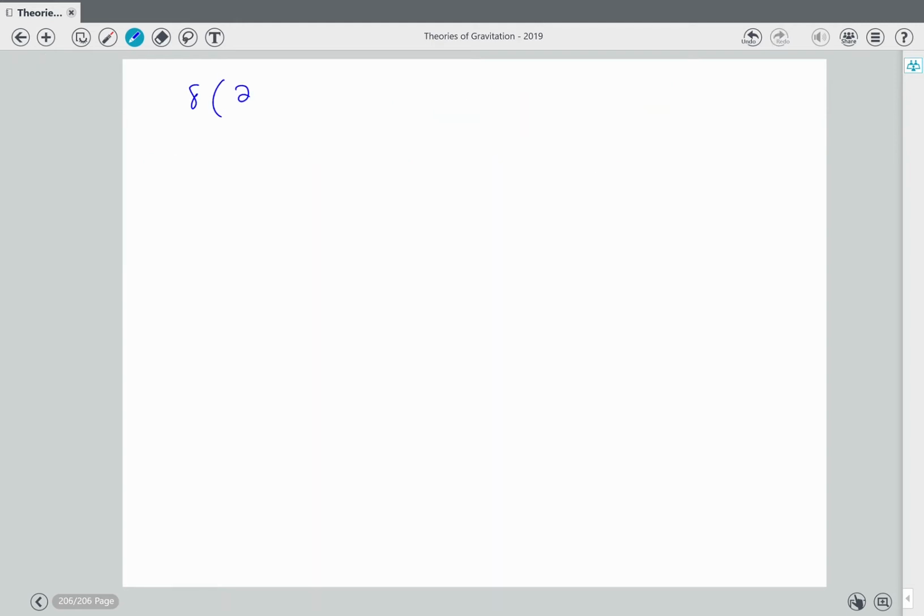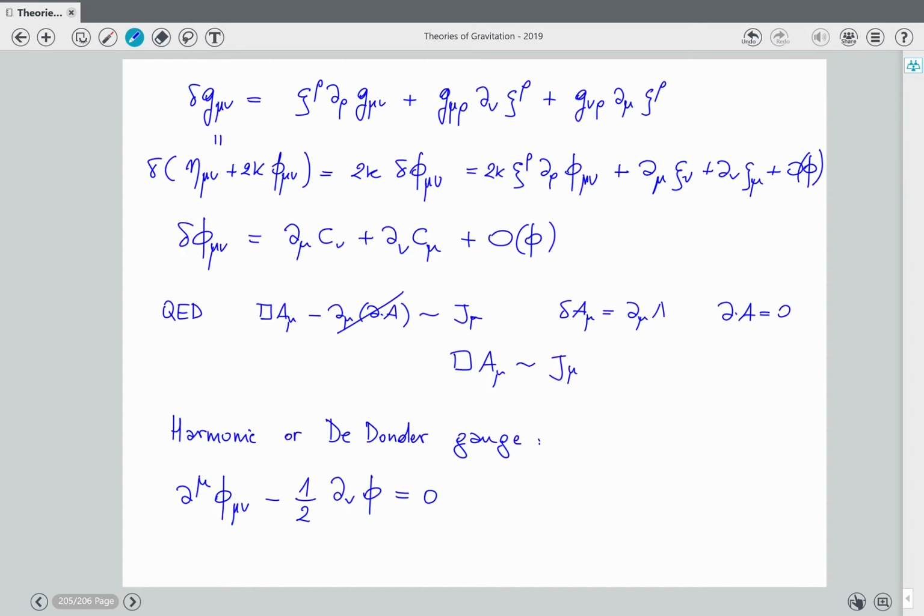So the gauge variation of this. What is it? Well, the variation of phi mu nu now we know is very easy. You can also check that the variation of the trace is twice the divergence of C plus order phi.